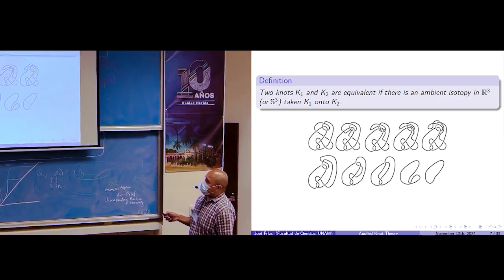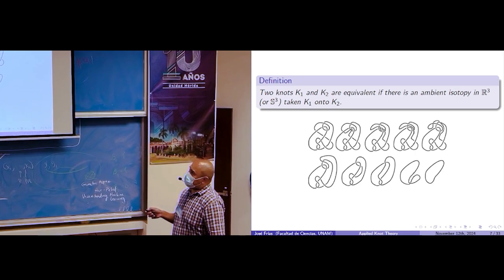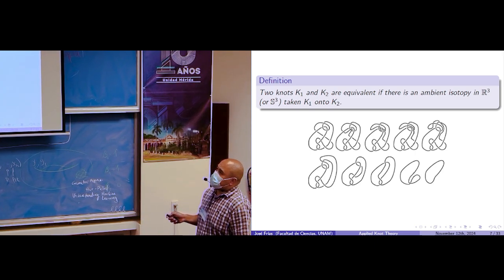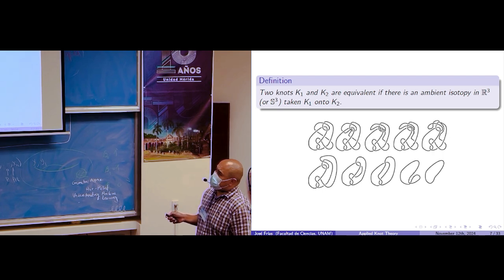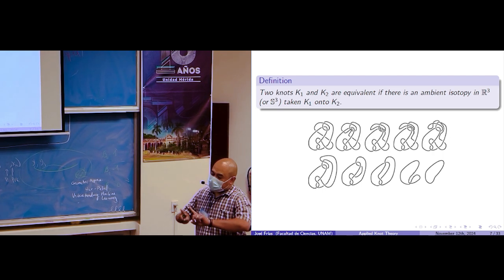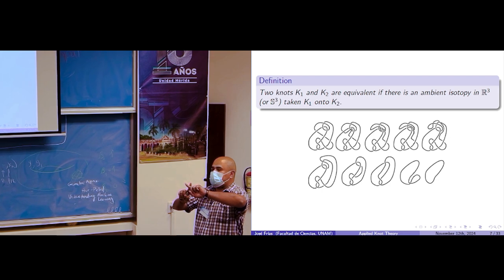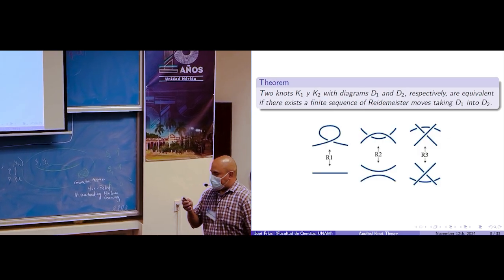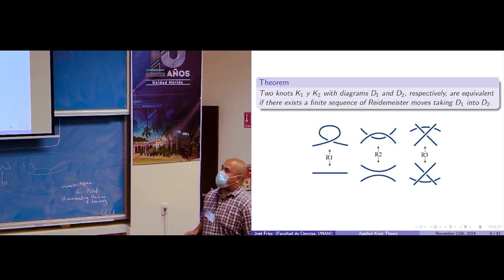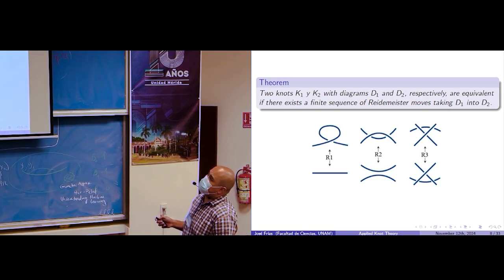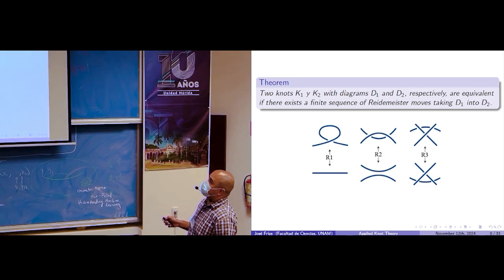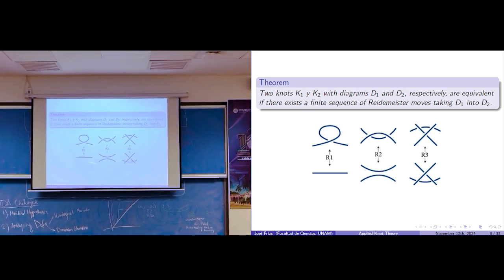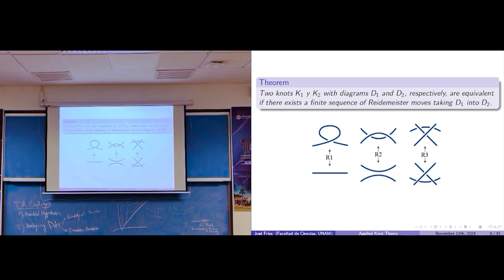This is a planar representation of a knot, which is called a regular diagram. As you can see, there are special points like this one, which indicates that we have two arcs and one is above the other. Another important theorem in knot theory says that two knots with regular diagrams are equivalent if there exists a finite sequence of local moves called Reidemeister moves.